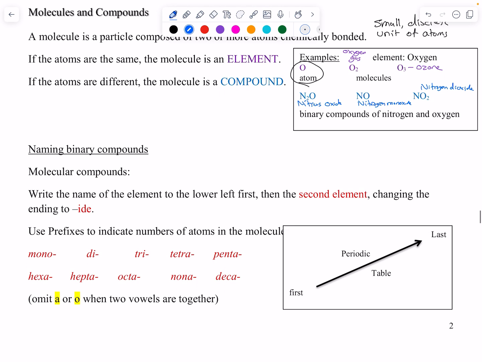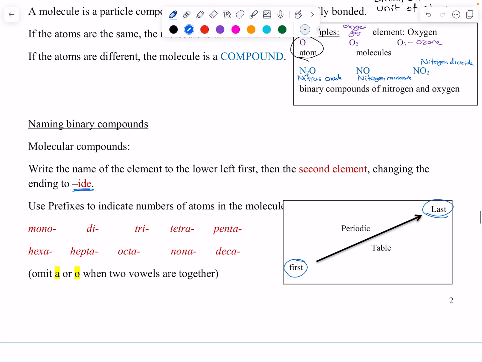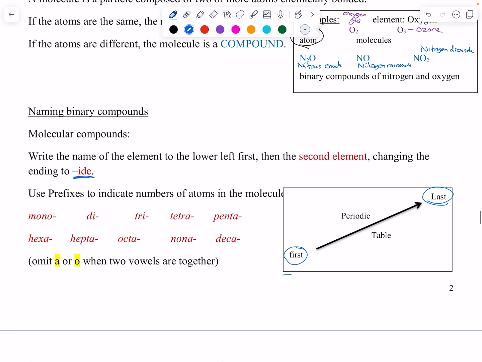All right. Okay. We write the name of the element to the lower left first. So down here is first. And then last up there, changing it to "ide." Now, technically speaking, there is something called the IUPAC, International Union of Pure and Applied Chemistry. And technically speaking, we're going to write down carbon first, then nitrogen.